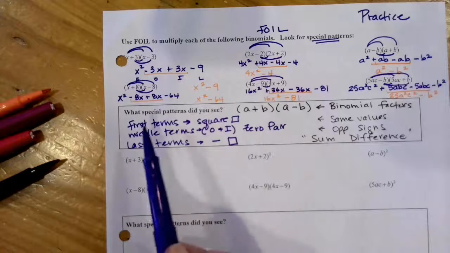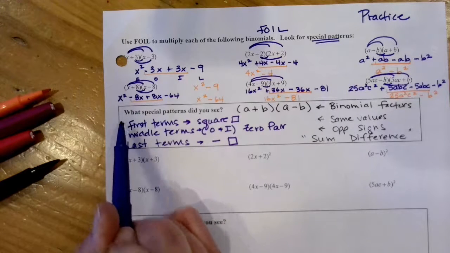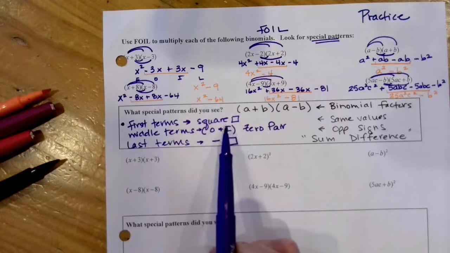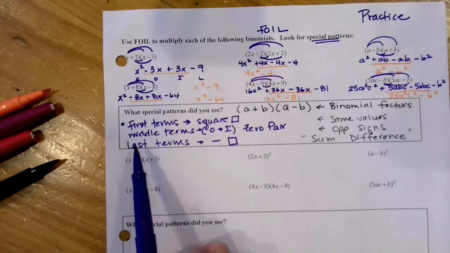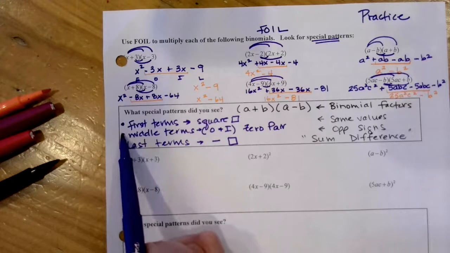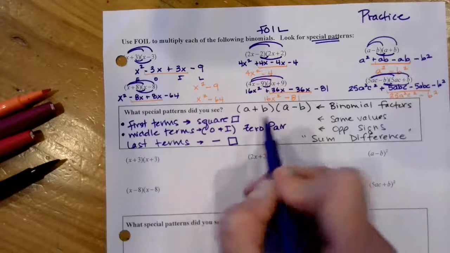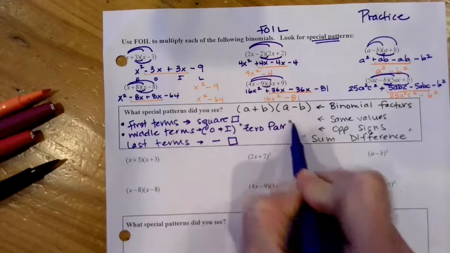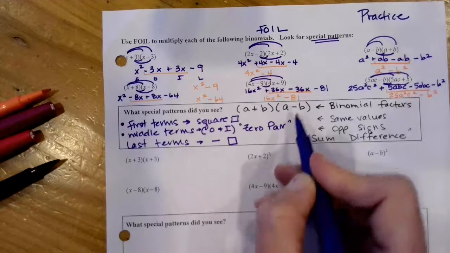The other few things I noticed are the fact that the product of my first terms was always a perfect square. And that makes sense because A times A, if they're the same values, is going to be a square. Next, I look at my middle terms, my O and my I, and that always gave me what we're going to call a zero pair, because I always had a plus and a minus, and therefore it always canceled out.